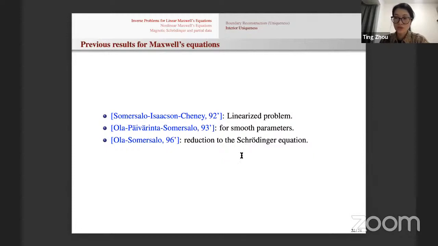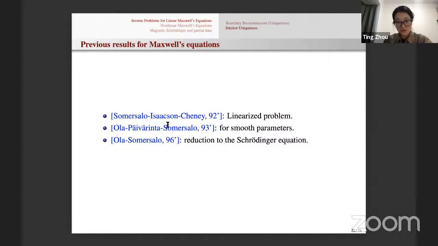For Maxwell's equation, there's a tricky thing here because Maxwell's equations are not elliptic equations. So you have to first reduce that to a first order Dirac system, which is elliptic. I'll talk about that a little bit more in a bit.